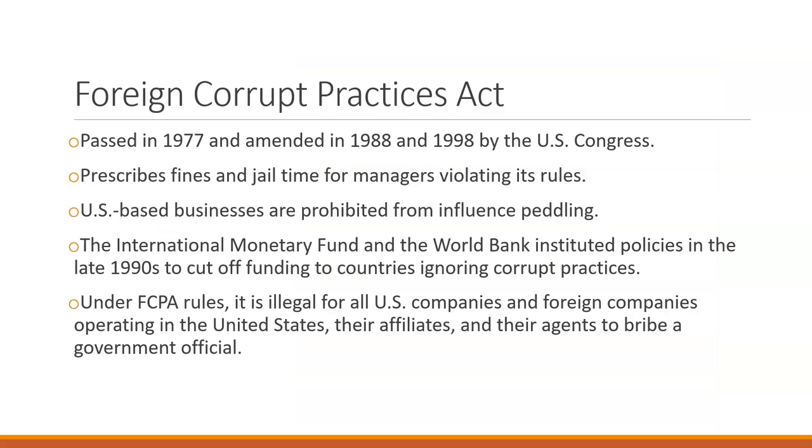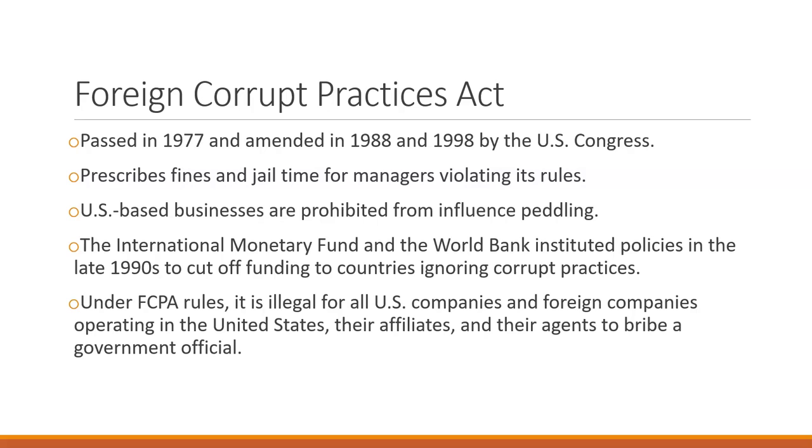The last thing that this chapter talks about is the Foreign Corrupt Practices Act. So this is an act that was passed in 1977 originally by the Congress and then has been amended in 1988 and 1998. It describes fines and jail time for any businesses that are violating the rules.